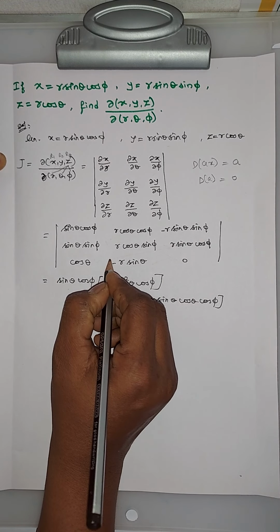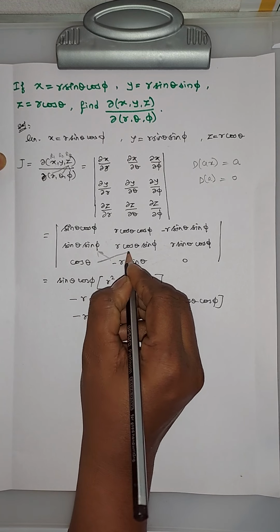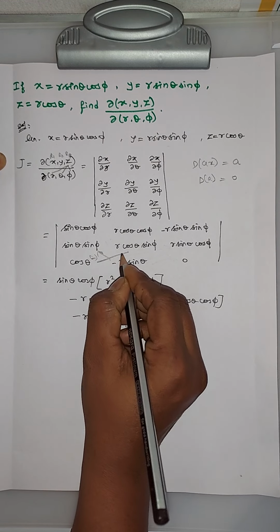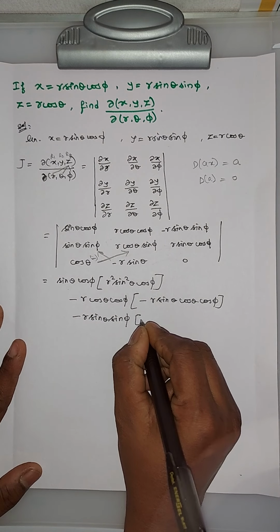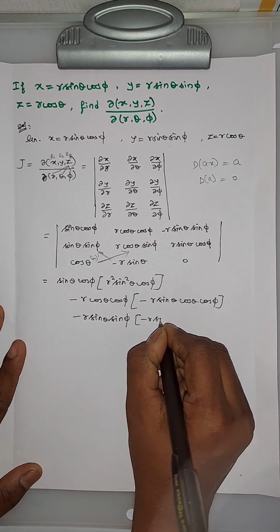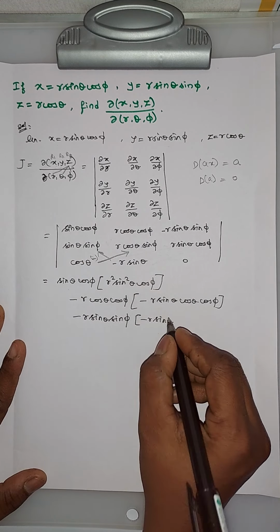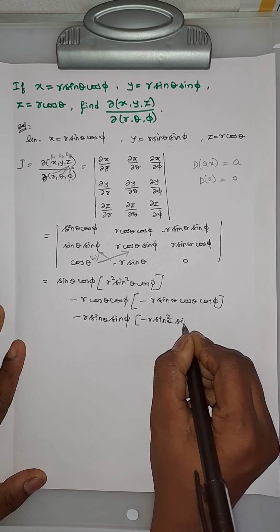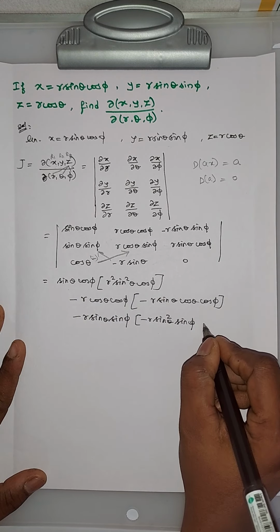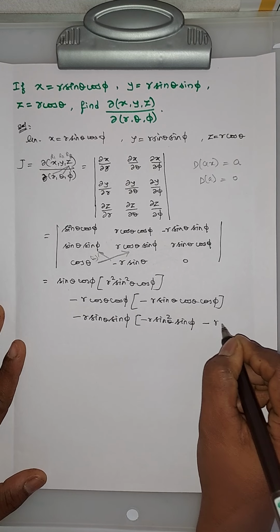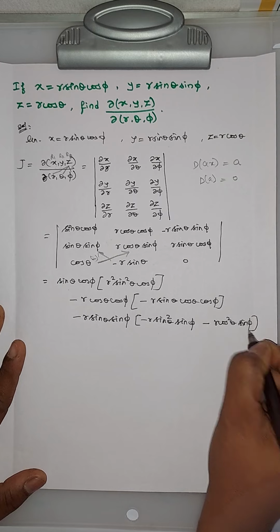So which is nothing but cross multiplication of this into minus of this into this. So which is minus r sine theta, we have one more sine theta here, so it becomes sine square theta sine phi, and minus r cos square theta sine phi.